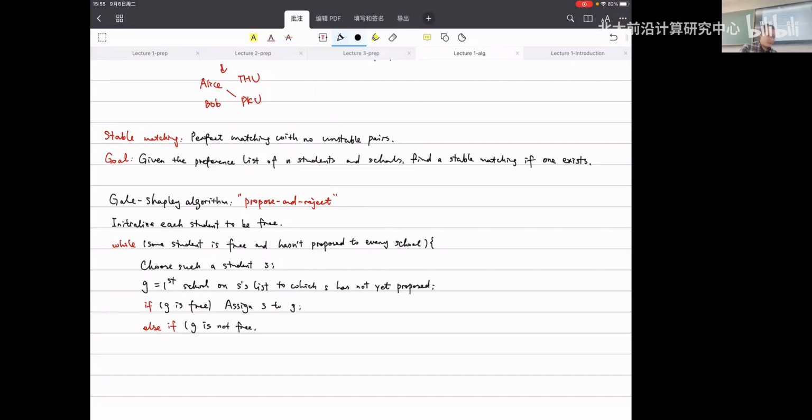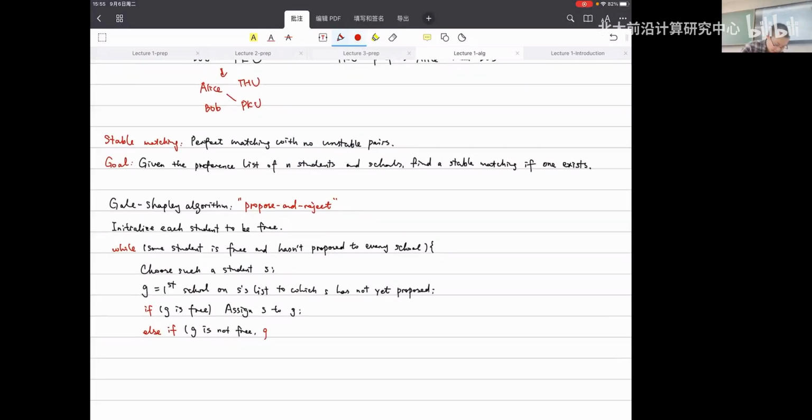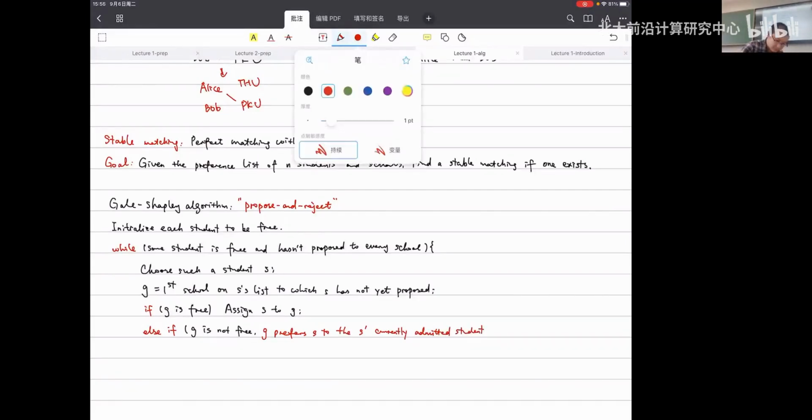But maybe the student S is lucky: G is not free, and G prefers S to its currently admitted student S prime.